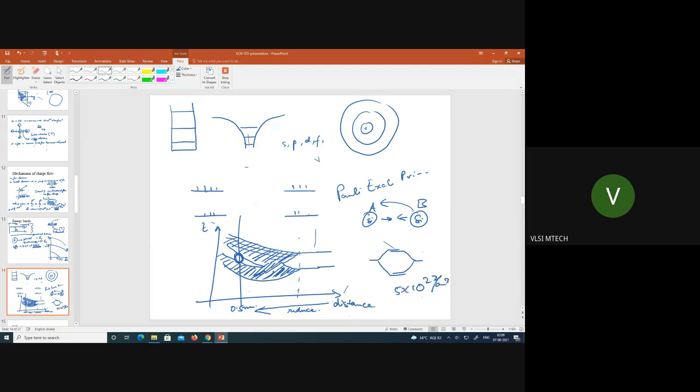So all of them are interacting with each other, and so the bands will split into a large number of sub bands like this, and they will be separated by so small an energy that for an electron this would almost look like a continuous band of energy. Okay, because the electron at room temperature has enough thermal energy to go from one to the next. The separation between them is almost negligible.